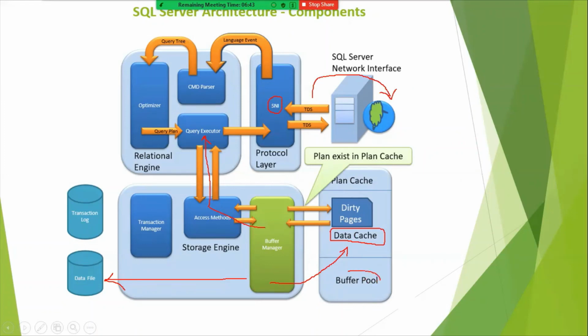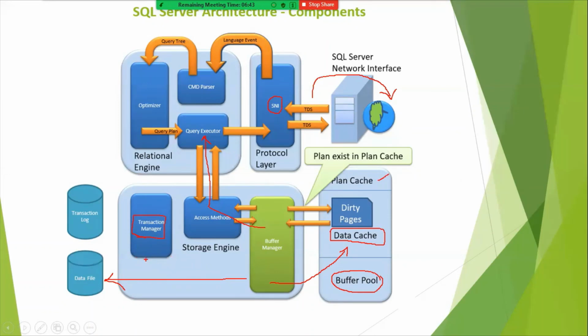This is called the buffer pool, where we store the pages or data pages, and we have the plan cache, which is in the memory itself. The transaction manager I will explain tomorrow, because that involves an update query.